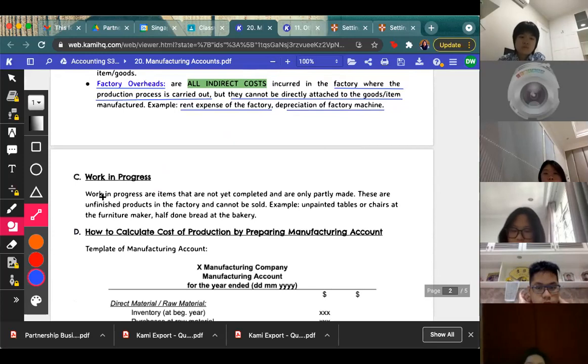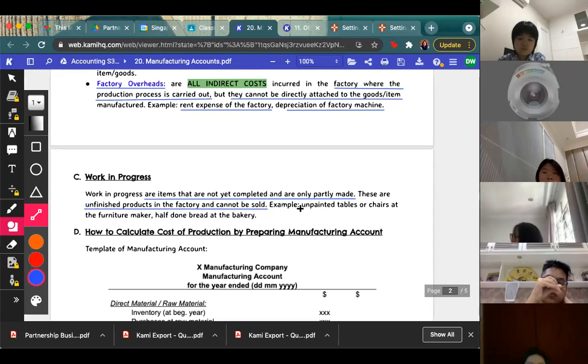Next, work in progress. What is actually work in progress? Work in progress are items that are not yet completed and are only partly made. These are unfinished products in the factory and cannot be sold.